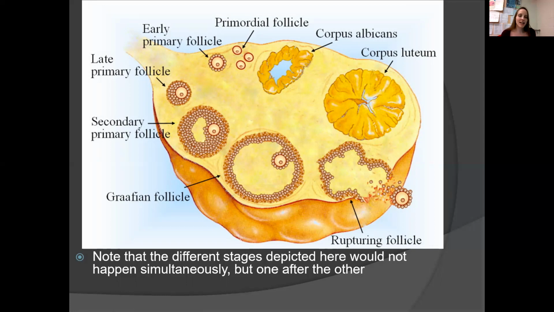And then by that day 20, you'll have lots of progesterone being produced and the uterine walls becoming prepared for implantation. It is important to note that all of these different structures that are shown in this diagram would not be found in the ovary at the same time. These are all happening at different days of the menstrual cycle.